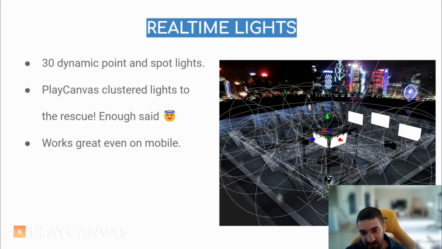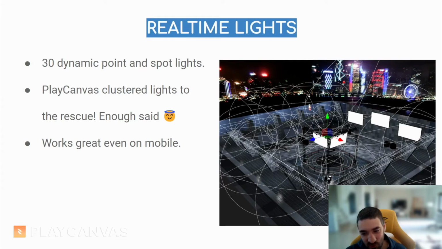One of the most important things with this demo is the number of dynamic lights that are included in the scene. I think there are about 30 or even more point and spotlights in the original Unreal scene. In PlayCanvas we added 30 dynamic point and spotlights.